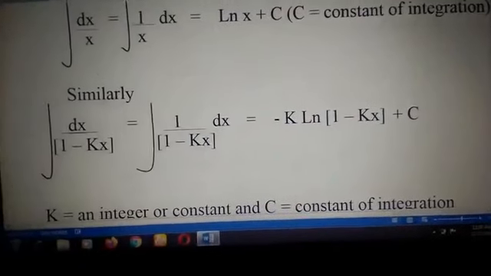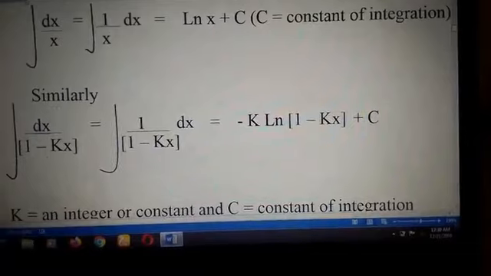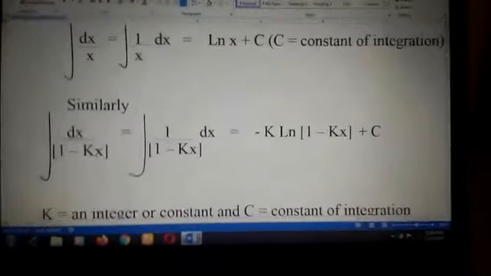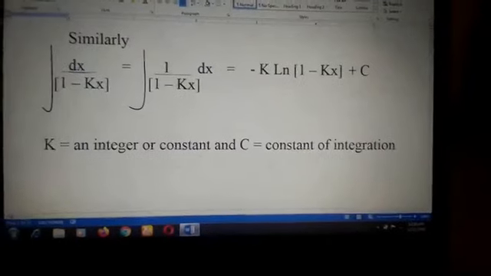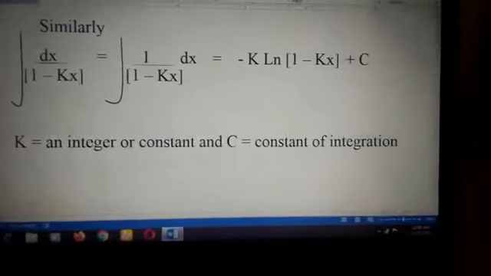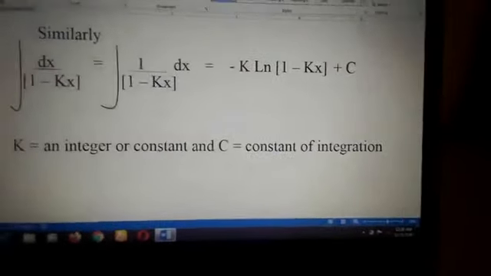If the k is 3, I will have minus 3 ln 1 minus 3s, then plus the constant of integration. Where I said k is an integer or constant, and c above is the integration constant.